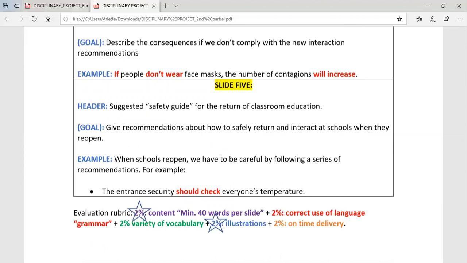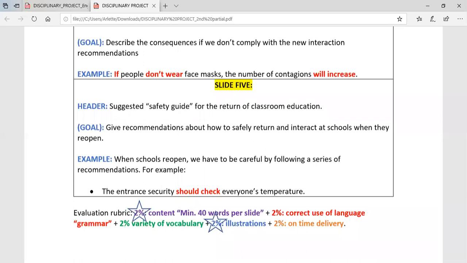So you are going to give recommendations about how to safely return and interact at the school when they reopen. Example: when schools reopen, we have to be careful by following a series of recommendations. For example, the entrance security should check everyone's temperature.